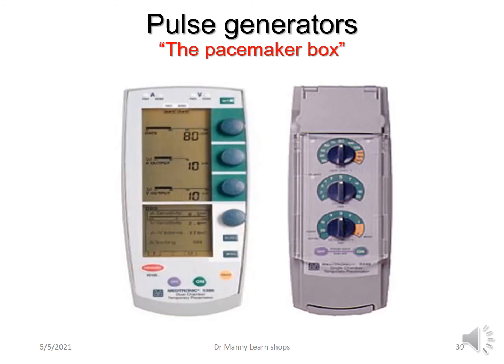When we look at pulse generators, and I've just used the Medtronic as an example, there are lots of pacemakers, but the pulse generator is essentially what generates the pulse of current, and this is essentially the pacemaker box.